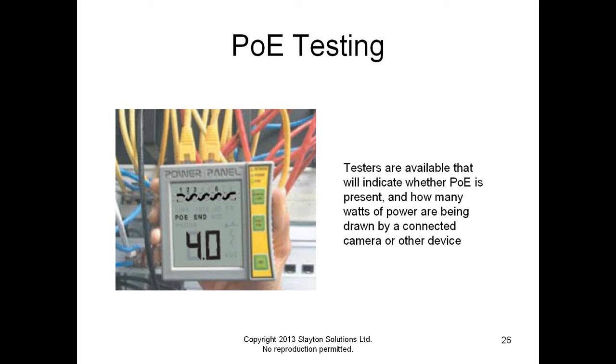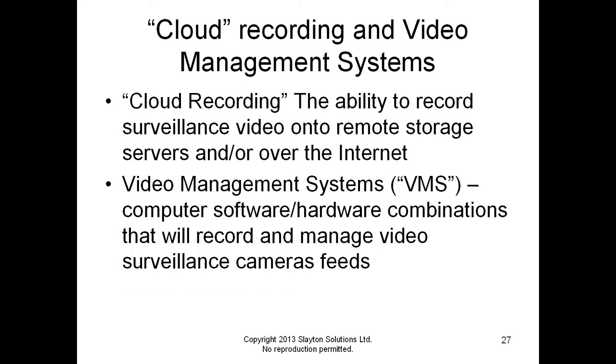So then we can tell, are we overdrawing what our system can do? How much power does this thing actually need? It's useful information to have to make sure that you're not trying to do more with your power than is possible or sustainable. That's the PoE and Ethernet information.